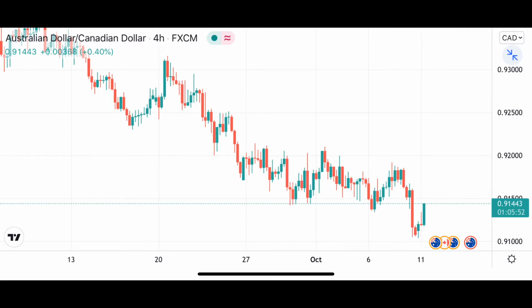The green and red bars you are seeing on your screens are called the candlesticks, or the Japanese candlesticks. These are literally the visual representation of whatever is going on behind the screens. We all know that Forex trading is the selling and buying of currencies.